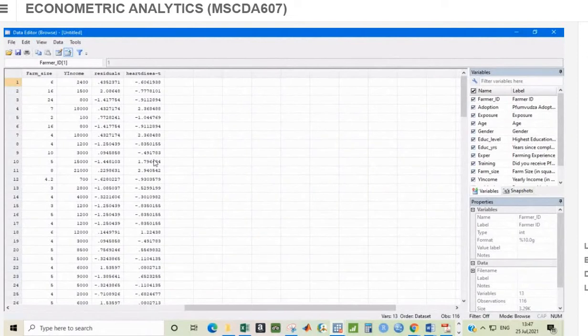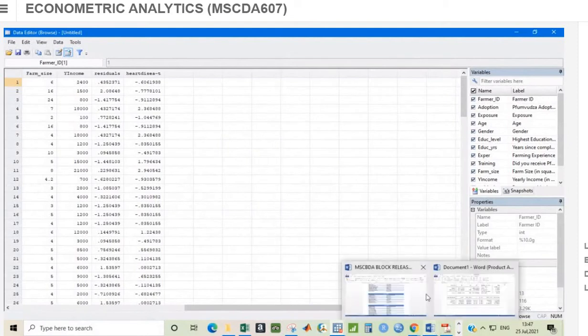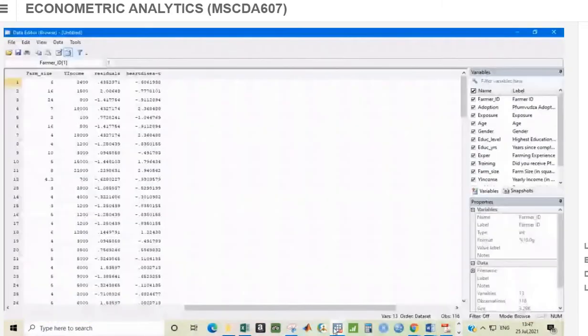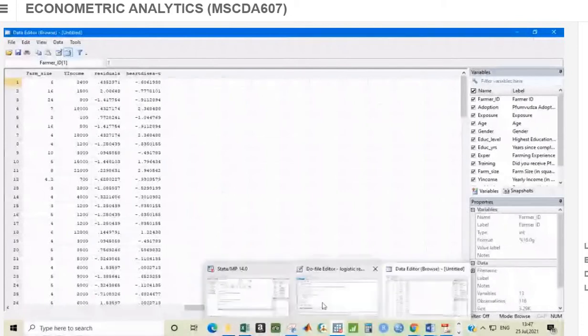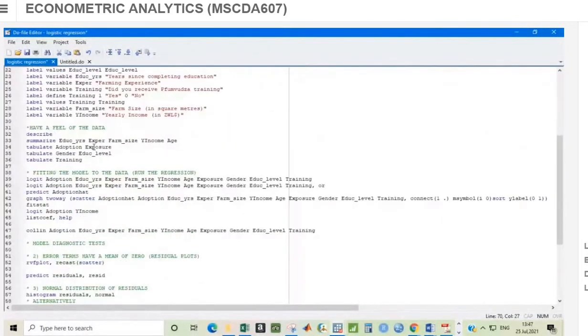These are the, let me compute the log odds. Okay. So code another model. Where is it? It is here.